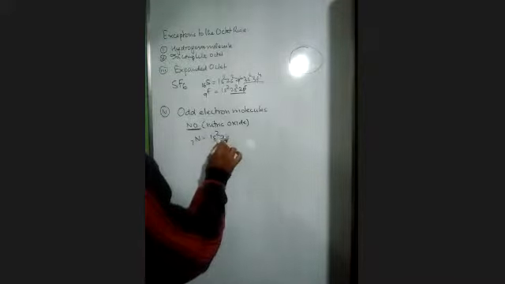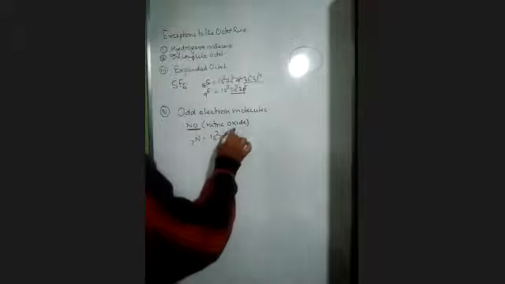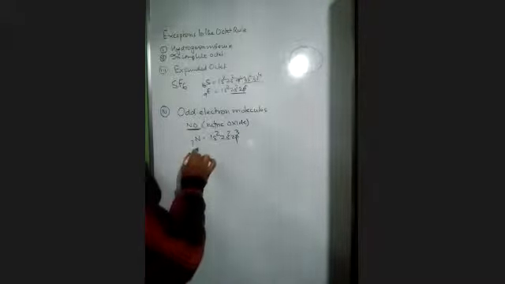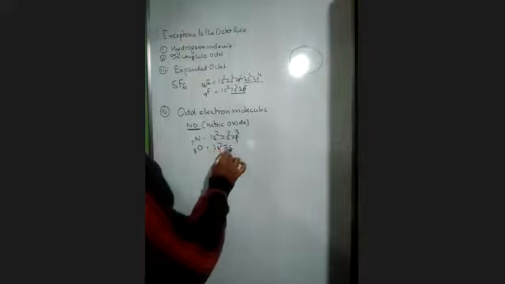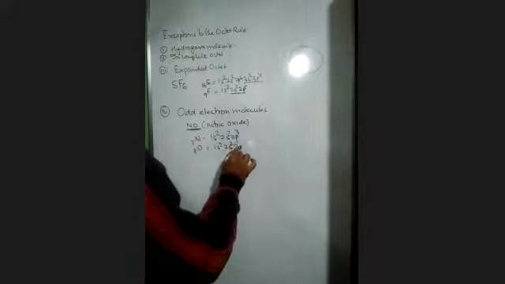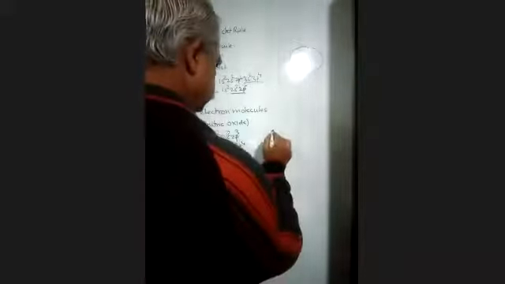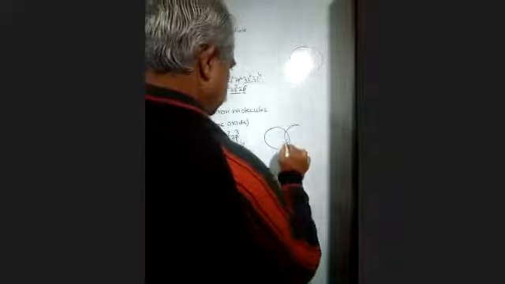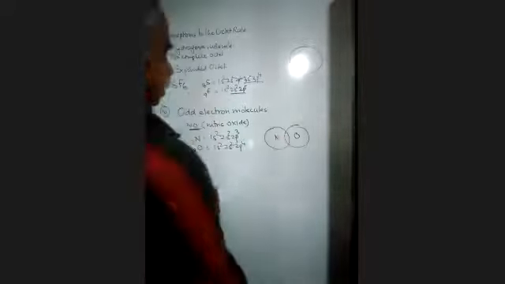1s2, 2s2, 2p3. Oxygen is 8: 1s2, 2s2, 2p4. So I draw. This is nitrogen, this is oxygen.